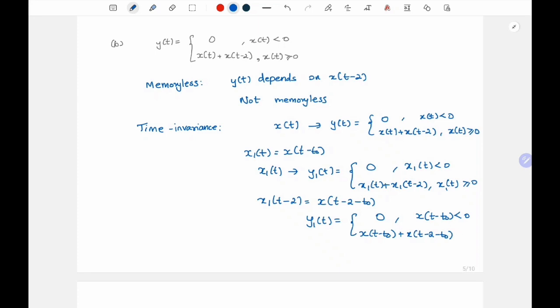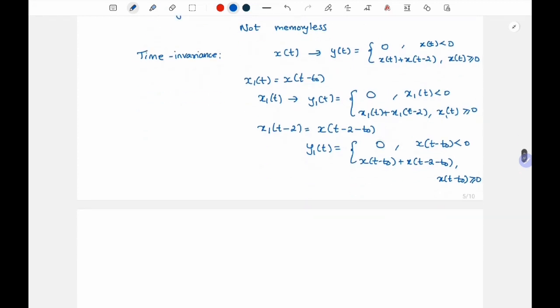And x of t minus t naught for x of t minus t naught greater than or equal to 0, right? So now let us try to compare it with y of t minus t naught. We have y of t here. So it is 0 for x of t minus t naught less than 0. You just have to replace wherever t is there in the right hand side with t minus t naught.